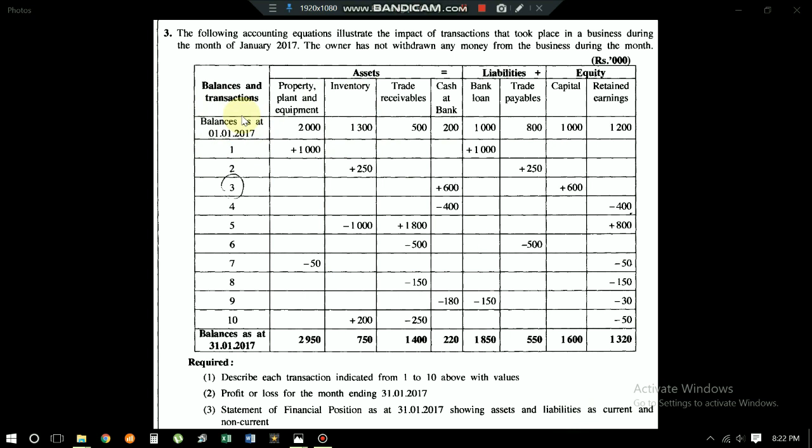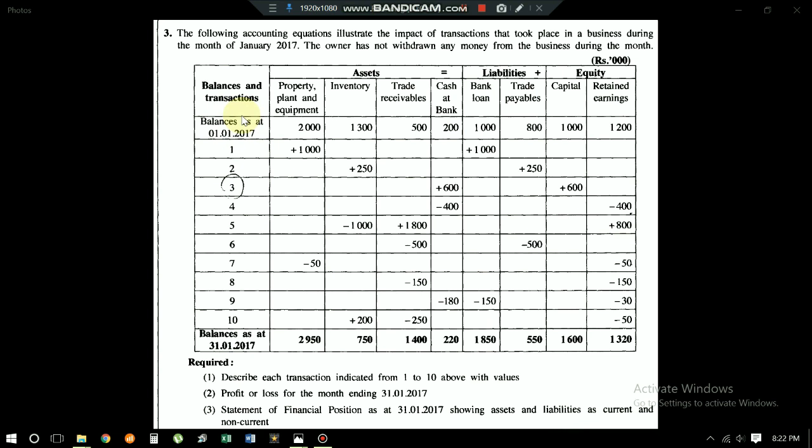The third point, you need to check whether this question gives you transactions or figures. If we analyze counting equation questions from 2000 to 2019, we can identify two types of questions.